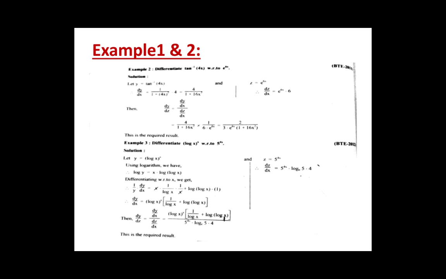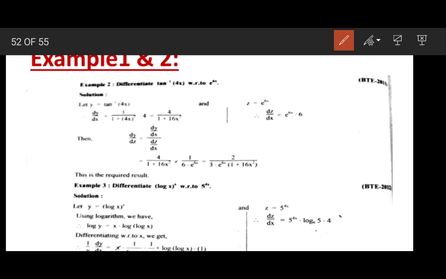So example 1 is differentiate tan inverse 4x with respect to e raised to 6x. Now here let y is equal to tan inverse 4x and z is equal to e raised to 6x.